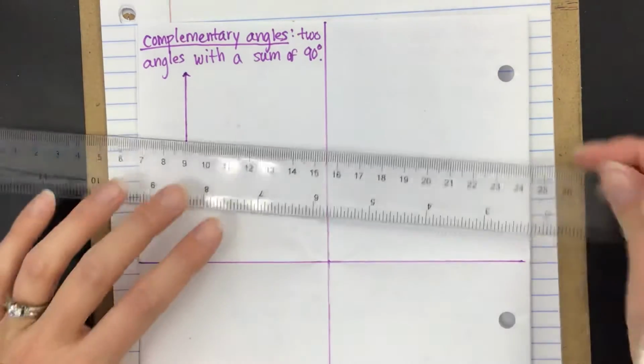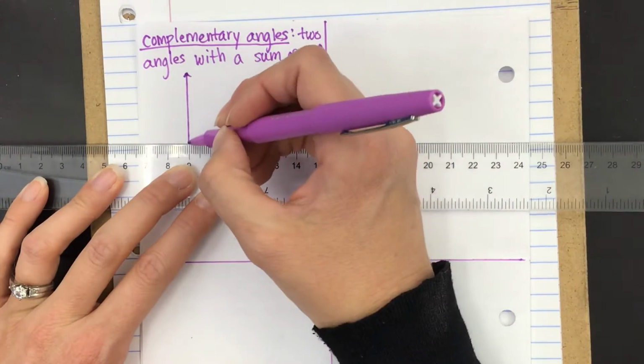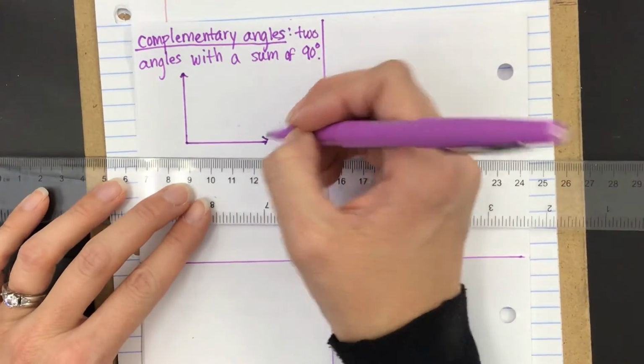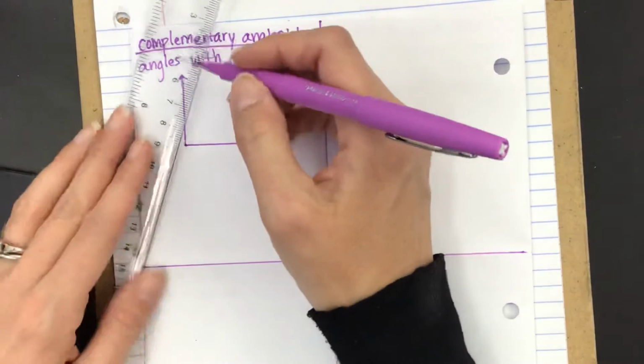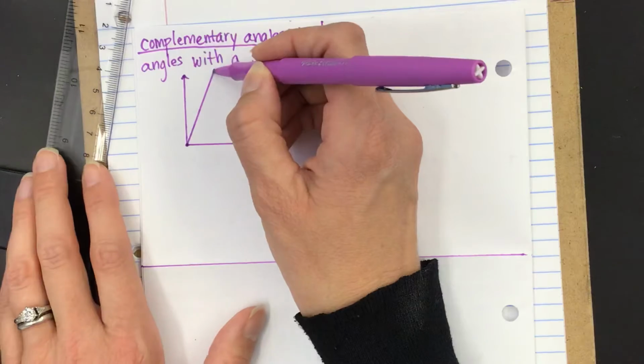Let me show you an example. The first example I'm going to show you is an adjacent set of complementary angles. Adjacent just means that they're attached to each other. They have a common vertex and a common side.